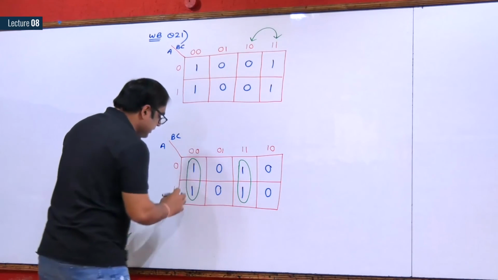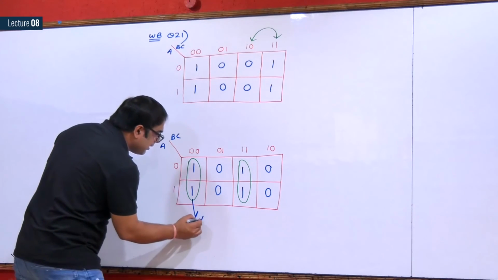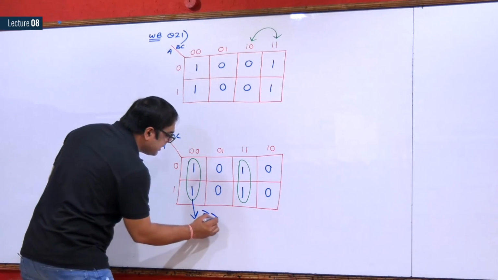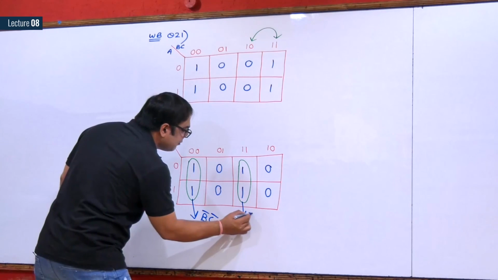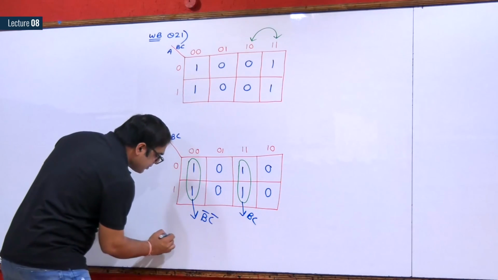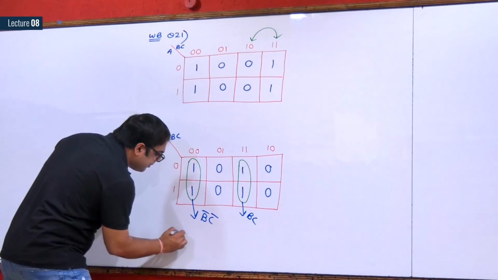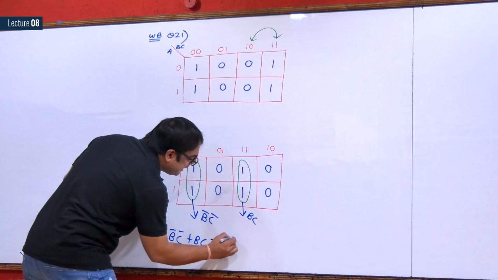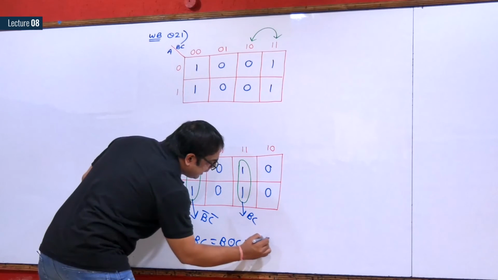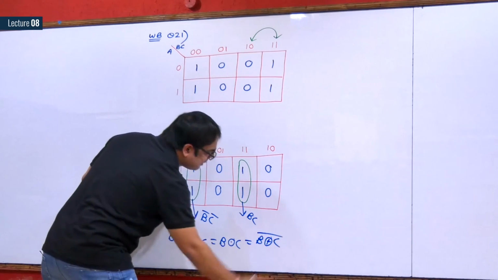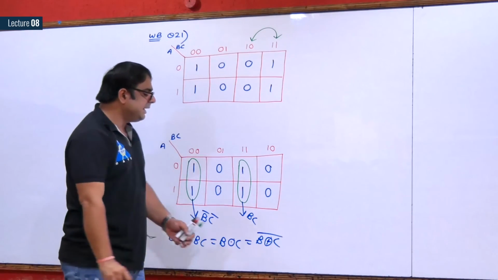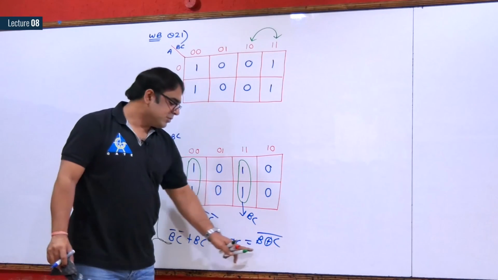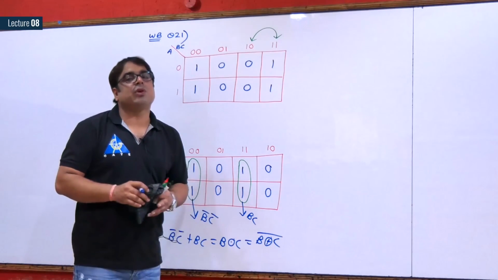This will give me B complement C complement, this will give me B C. So the answer is B complement C complement plus B C. It is B XNOR C. Maybe in the options it is given as B XOR C whole complement. So this is the correct answer for this question.